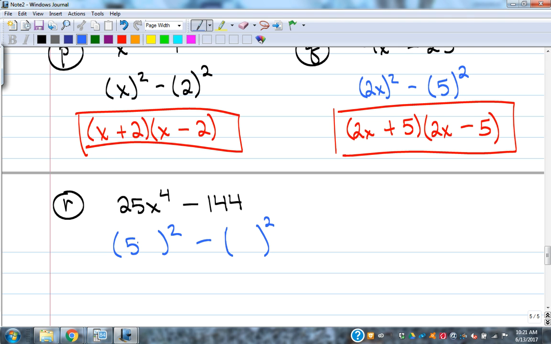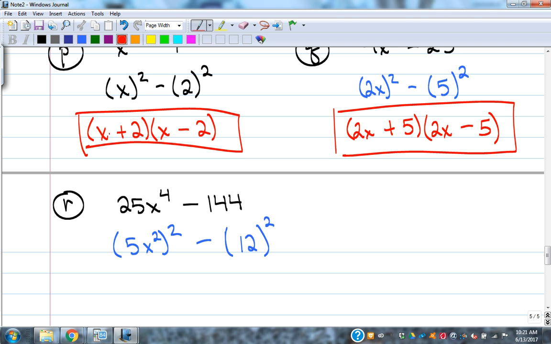What squared would get me x to the fourth? Yeah, an x squared would get me. If I square x squared, that's x squared times x squared, which is x to the fourth. So that's the trickery that they're trying to pull here. What squared is 144? 12, yeah. Hey, I've rewritten it as squares.